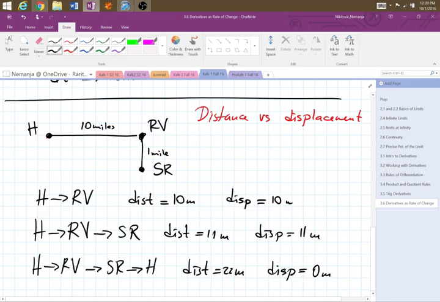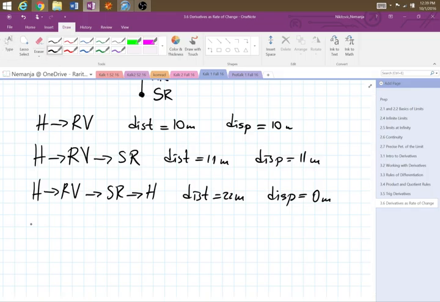But if you go this way and come back, your distance covered is 10 plus 1 plus 1 plus 10, that's 22, but the displacement is 0 because you're back to the position where you started from. So that's the difference between distance and displacement, and you will have more fun with that if you take a physics course. I will just use that here briefly in one of the problems, so I just wanted to explain that so you understand.